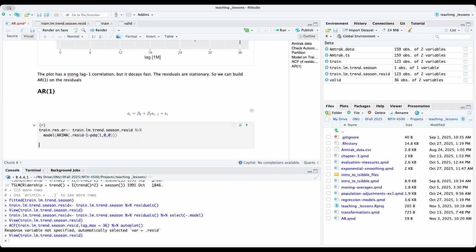So P equals 1. The first value belongs to P. The second value belongs to D, difference. The last value belongs to Q. So P is equal to 1. That means we do AR1. The second part is the value of D, which is based on the difference.